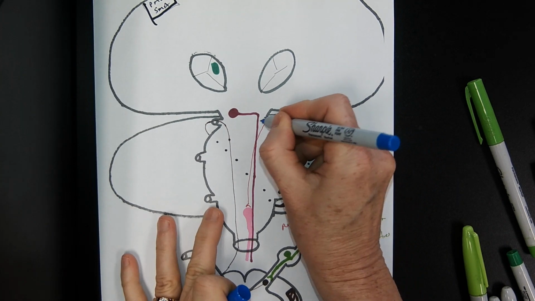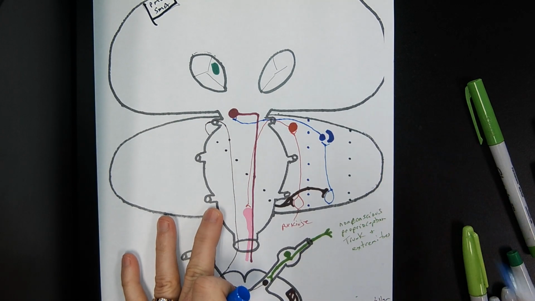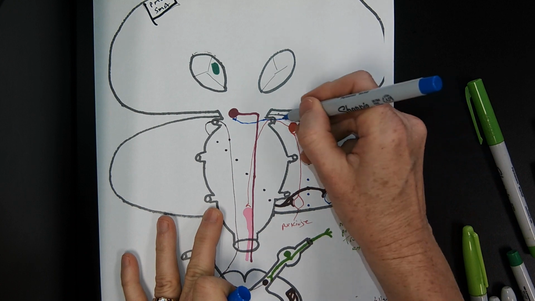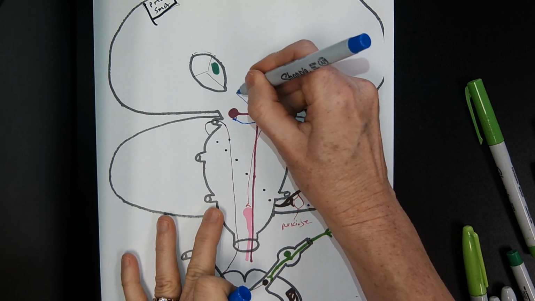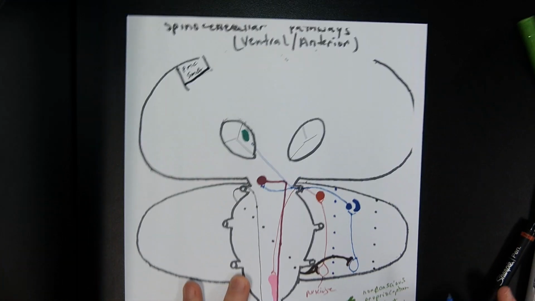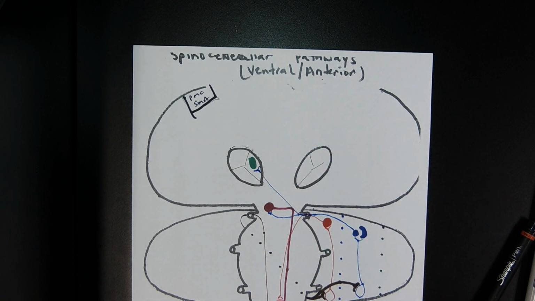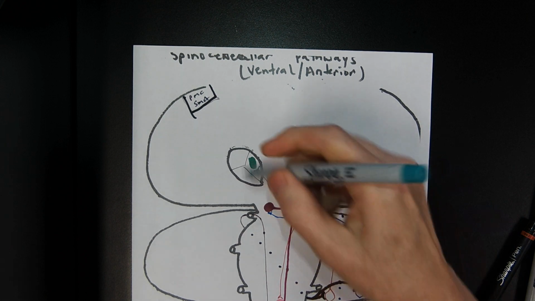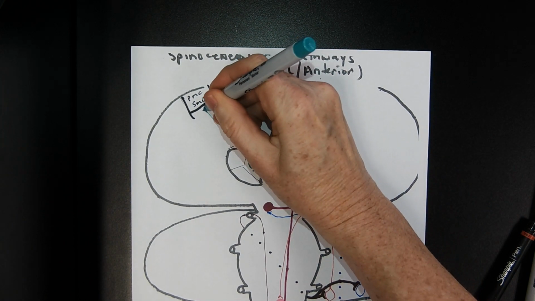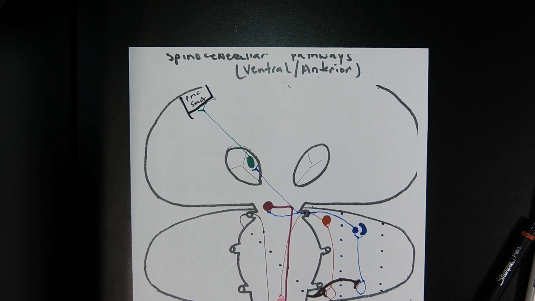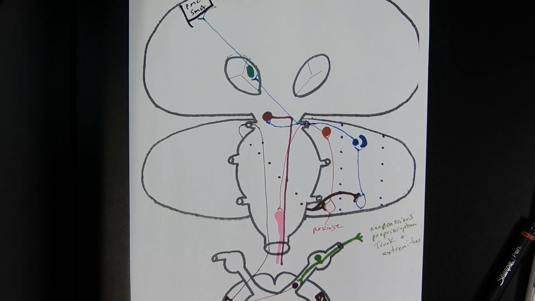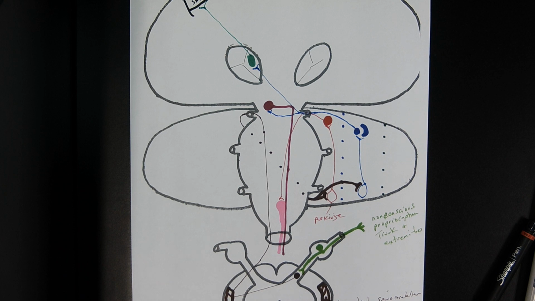It synapses with the red nucleus, and it also comes up here and synapses with the contralateral thalamus, which then conveys information to the contralateral premotor cortex and supplementary motor cortex. See that okay? That's the whole thing.